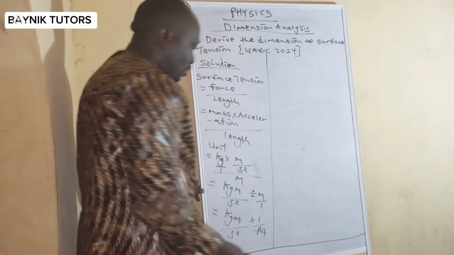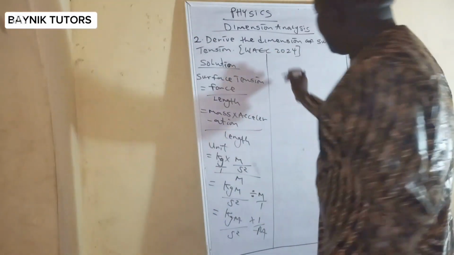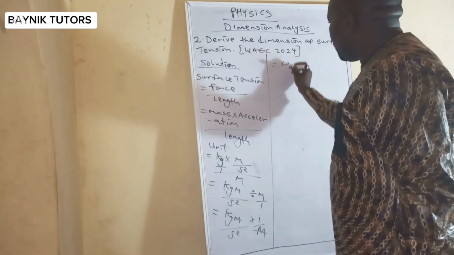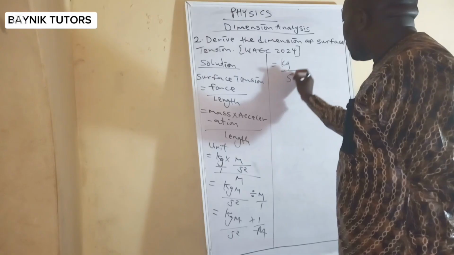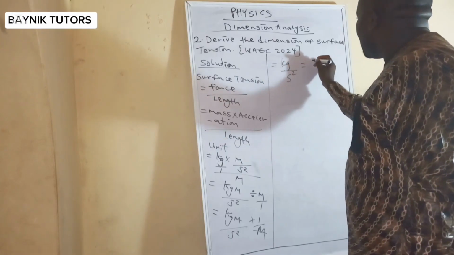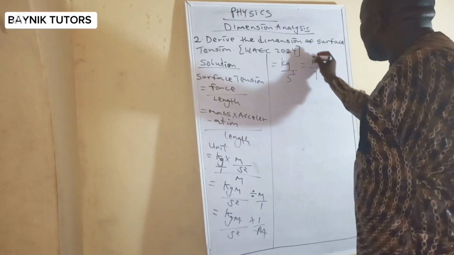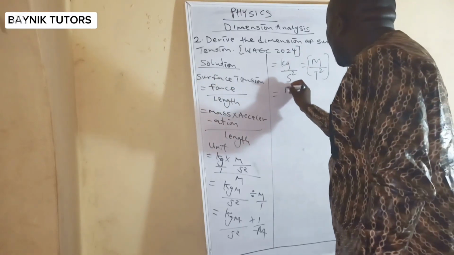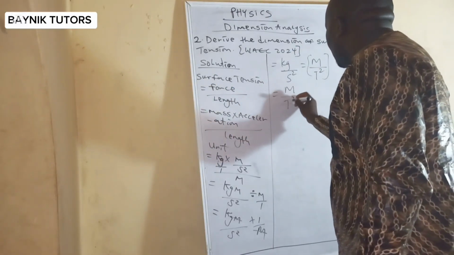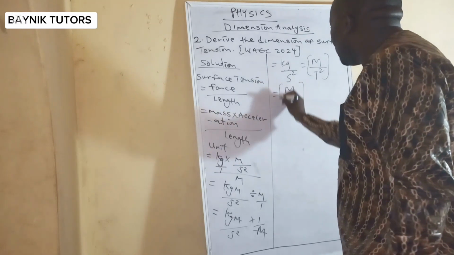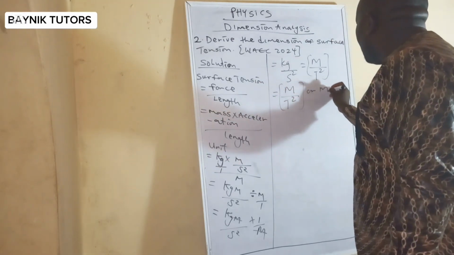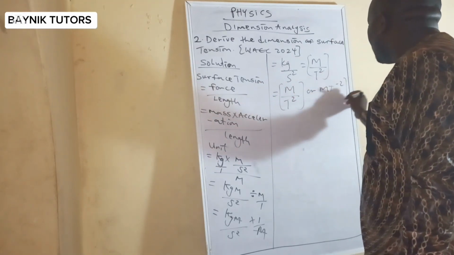So at the end we have kg over s square. Under dimension, kg is M, seconds is T square. So this can be written as M over T square, or M T to the minus 2.